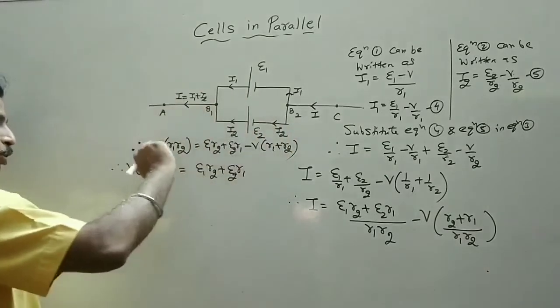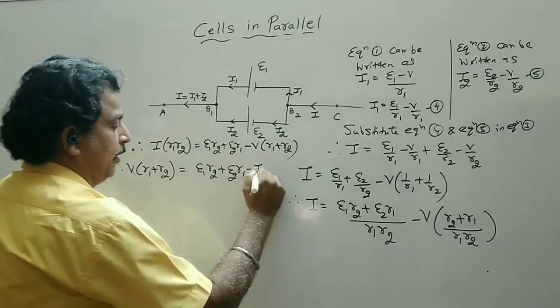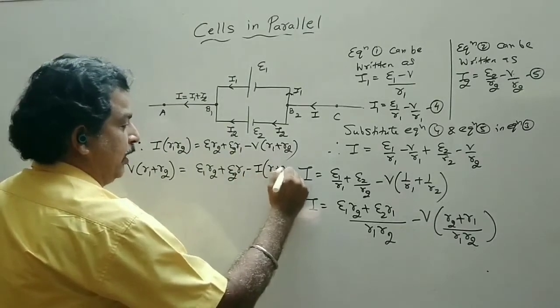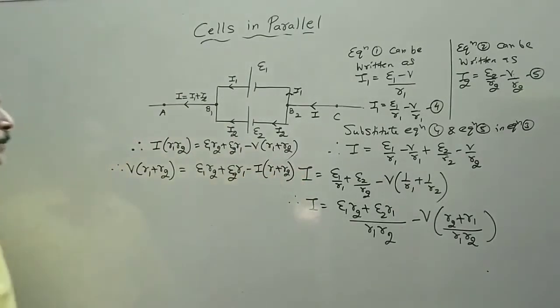This term is taken to this side, this term will come here, so I (R1 plus R2).